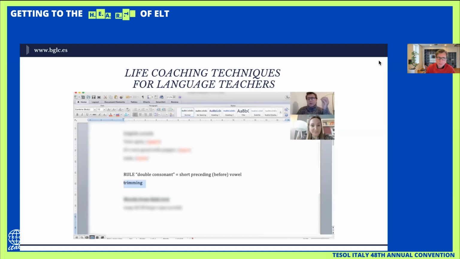So because of the work that we've done with these rules, with these pronunciation rules, maybe you don't remember the rule, but your instinct tells you that you see a double M, and therefore the preceding vowel is not I, but I. You see what I mean? And so this is trim. Trimming.